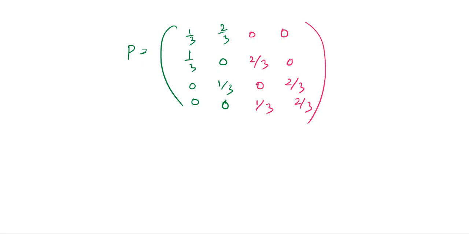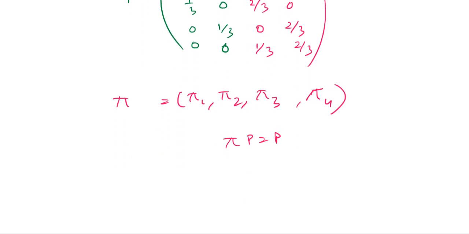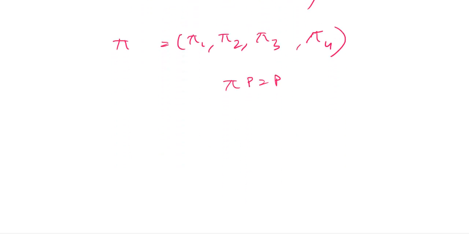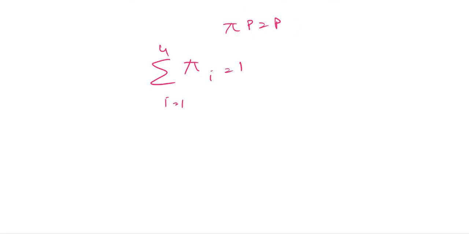So here we find the stationary distribution pi, that means pi 1, pi 2, pi 3, pi 4, that satisfies pi P equals pi, and the summation of pi i for i equals 1 to 4 is 1. So that gives the system of equations.